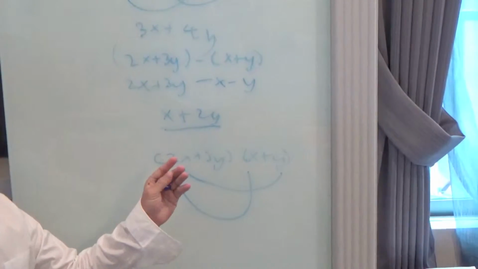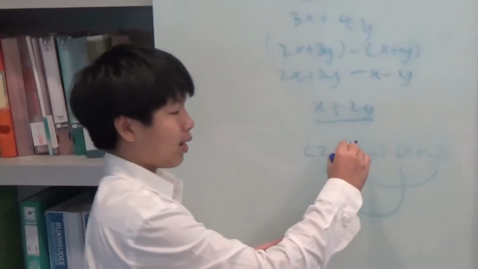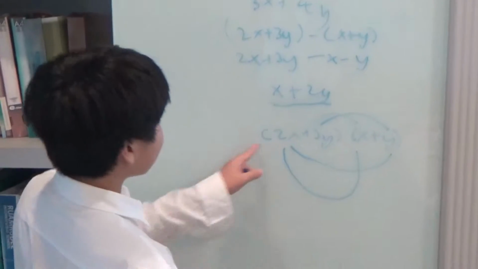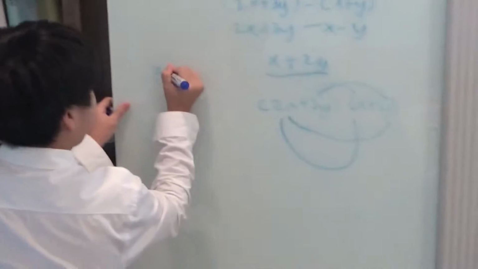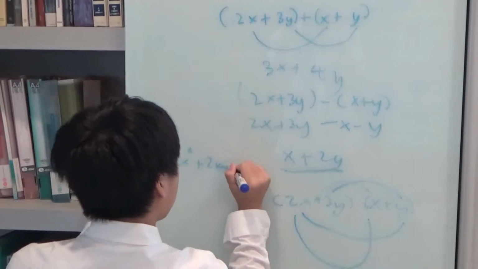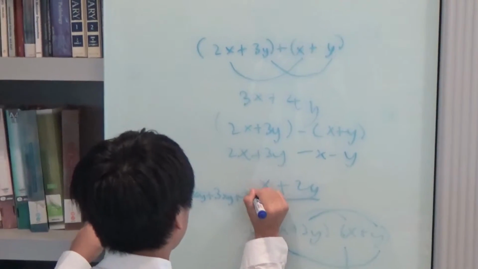Then, we do the same thing with the second number in the first parentheses. Multiply them with both numbers in the second parentheses. That gives us an answer of 2x squared plus 2xy plus 3xy plus 3y squared.